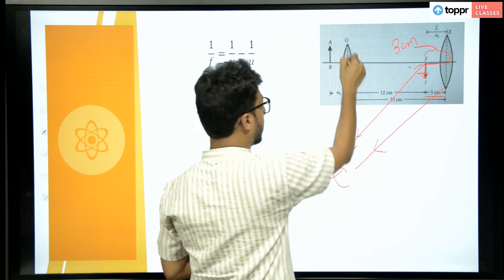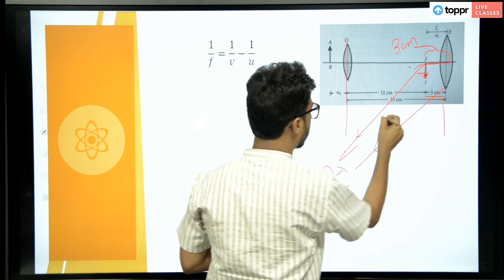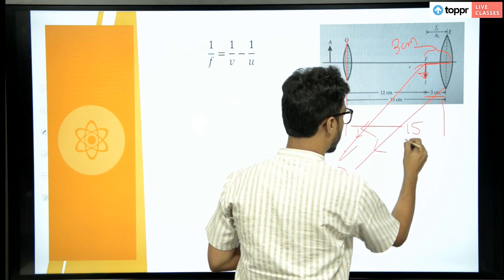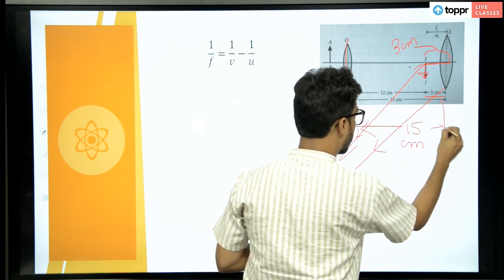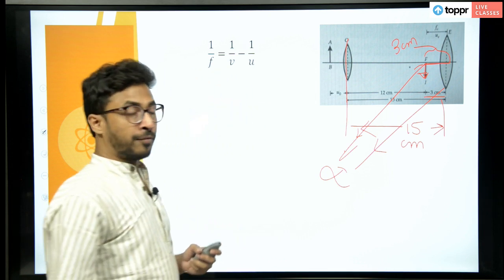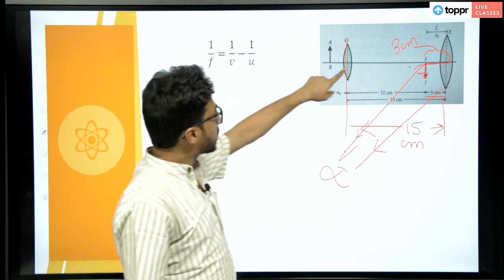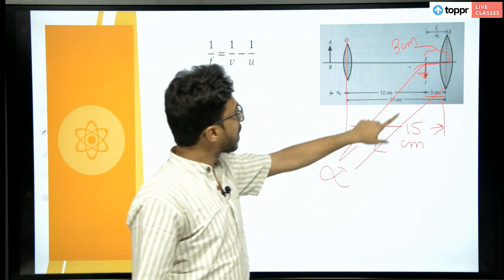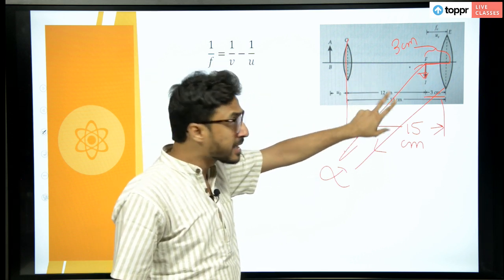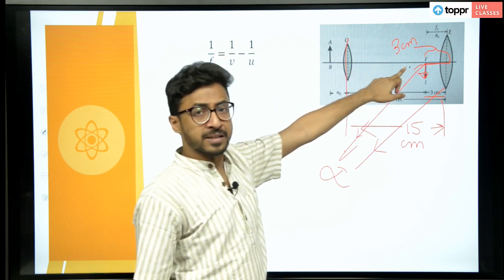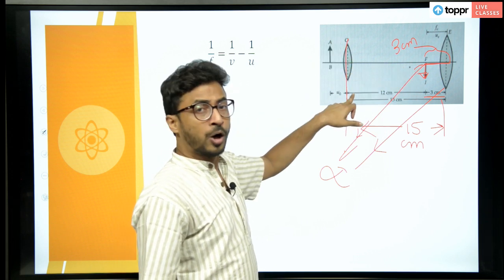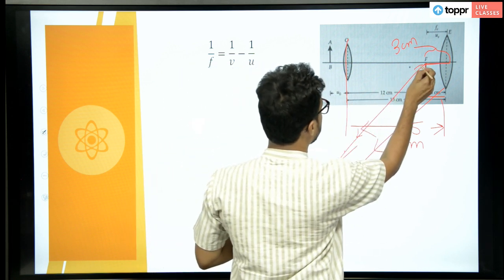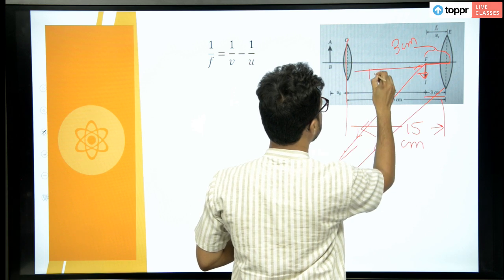And the distance between the two lenses is given as 15 centimeter. So finally, the distance between the objective and this image is 12 centimeter, and that is nothing but the image distance of the objective lens. So this is 12 centimeter.